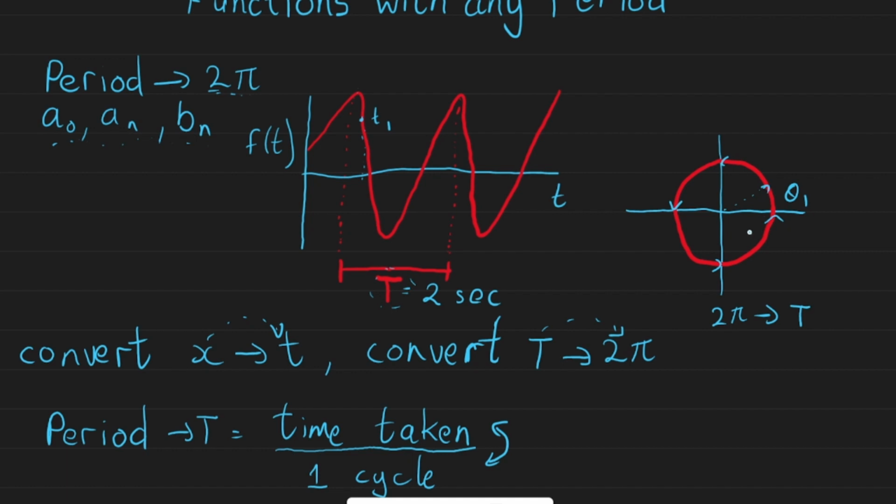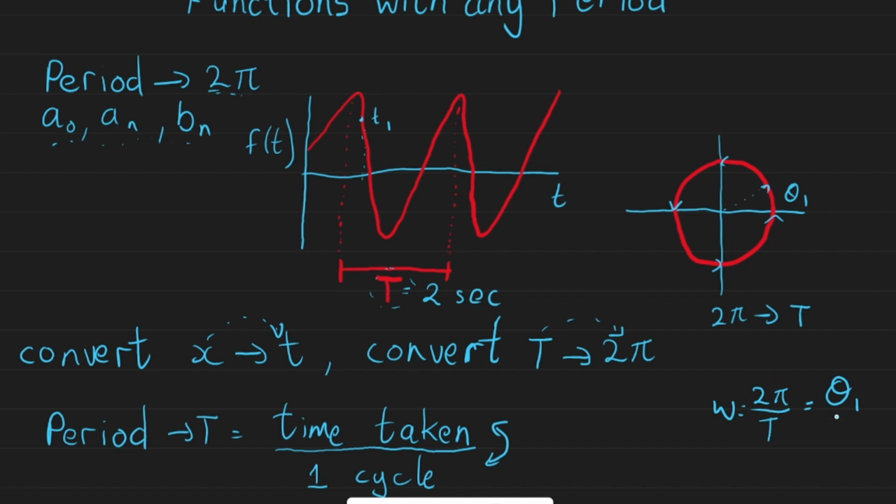So this is how the speed will move when it's going from its start to its finish around this entire cycle. So if you think about t1 and theta 1 again, we said that this angular velocity is a constant, right? It's 2 pi over t. So it's a constant. So we said theta is the distance traveled. So instead of saying 2 pi, we have said some theta 1 distance later. And this time taken, it's equivalent. So we move this t1 time later, and that's equivalent to this theta 1.